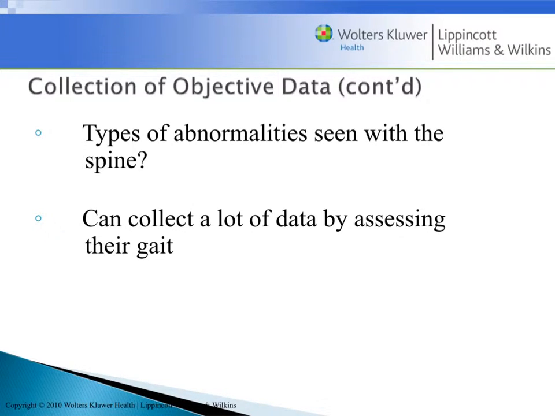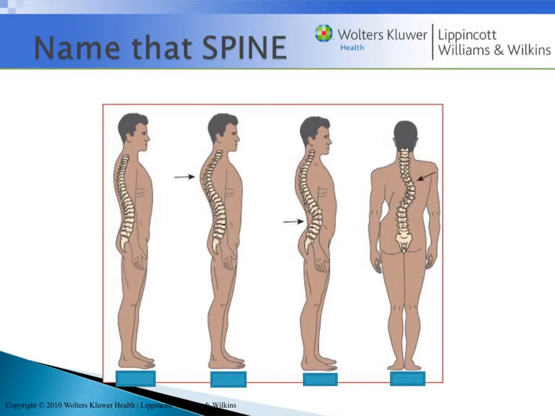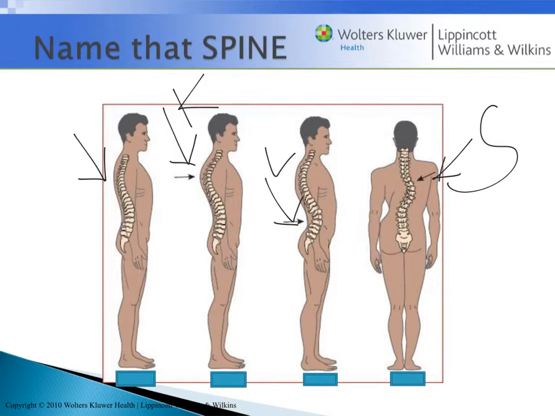You could see a kyphosis, you could see a scoliosis, you could see lordosis, and a flattening of the lumbar curve, which I go over in these slides. So, the first one here would be our normal spine. This is kyphosis. This would be lordosis, and this last one here is our scoliosis.